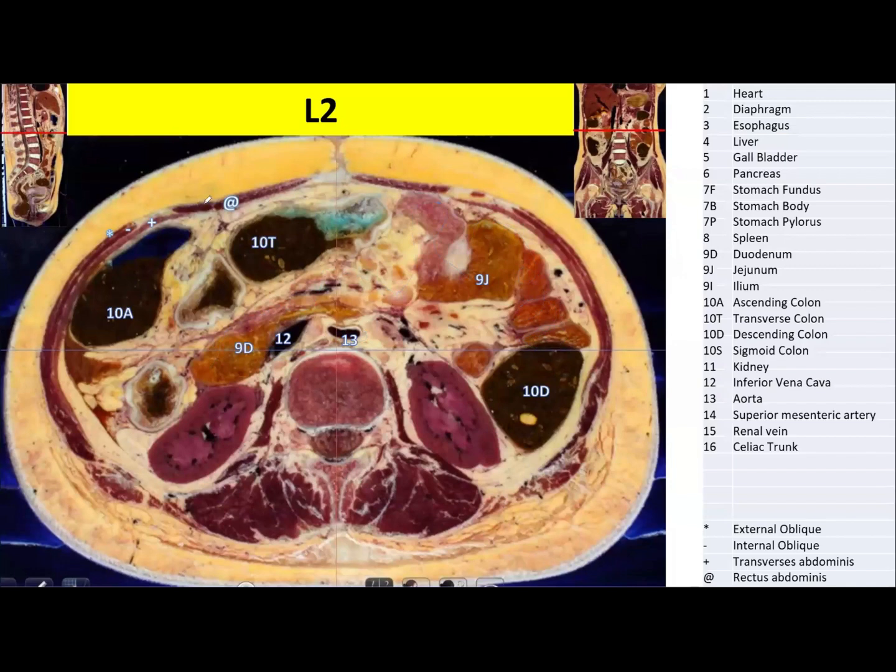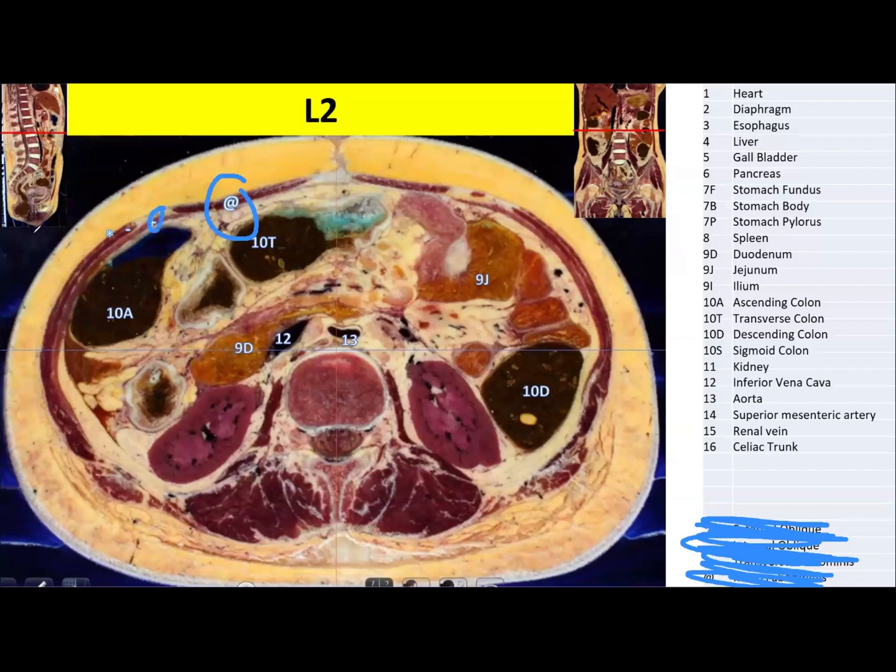However, there is something you need to see here, the muscles. We already know these muscles, right? It's really easy. What's this muscle right here without looking? Rectus abdominis.